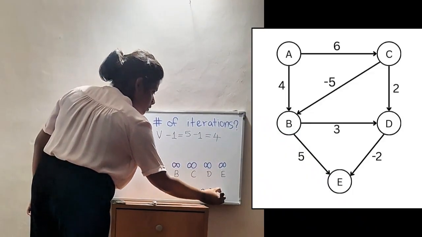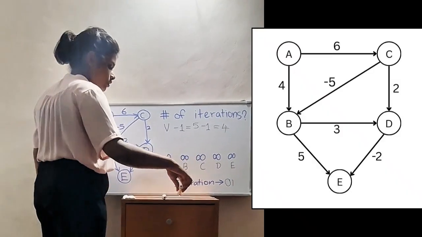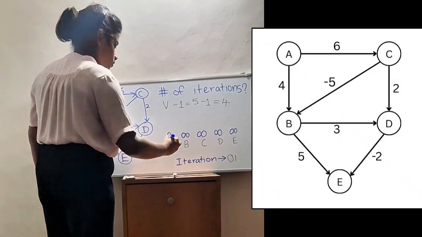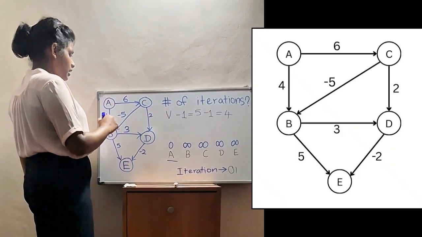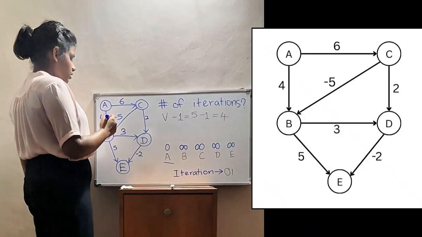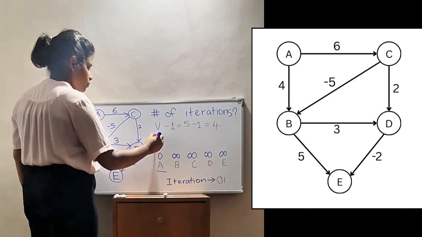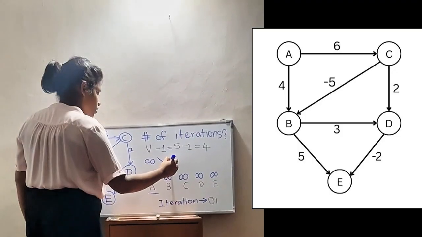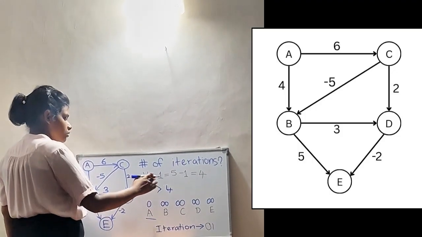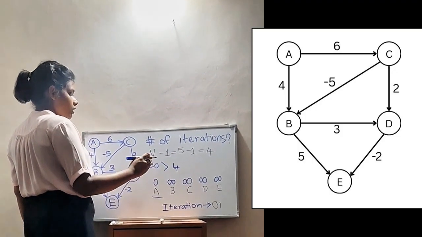In iteration 1, from A there are 2 paths, A to B and A to C, and 4 is less than infinity, so this is false.